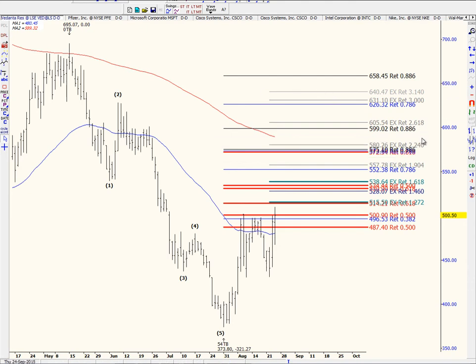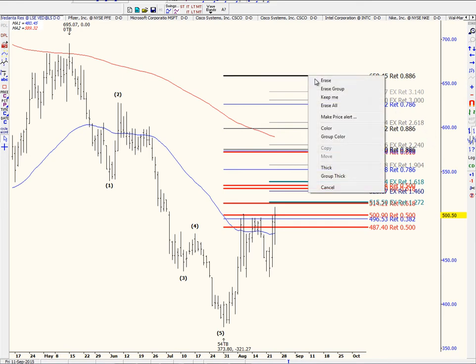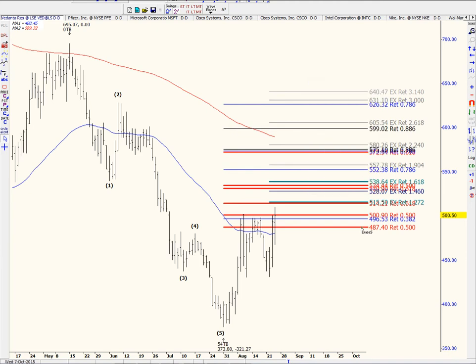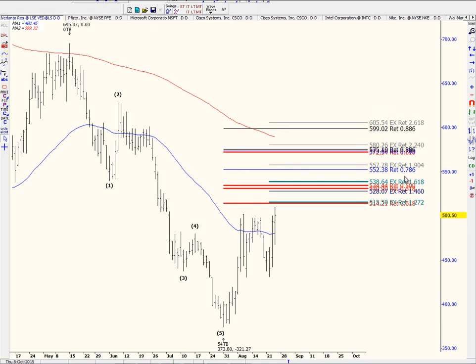Before I make my final projections, which we refer to as symmetry or alternate price projections, I'm just going to clear the chart up so that we can see the zones which we have established more clearly. So I'm going to get rid of these. Now, what I'm going to do is measure a low to high or high to low swing, and then project that from a swing low or swing high.